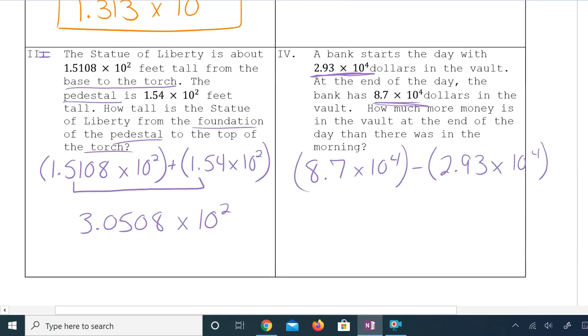So again, since my magnitudes are the same, I just need to subtract my significant digits and then times 10 to that same magnitude of 4. And again, it's in scientific notation, so I do not need to do anything additional to make it so. It's already in scientific notation.